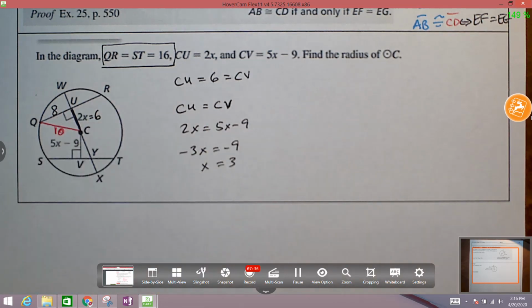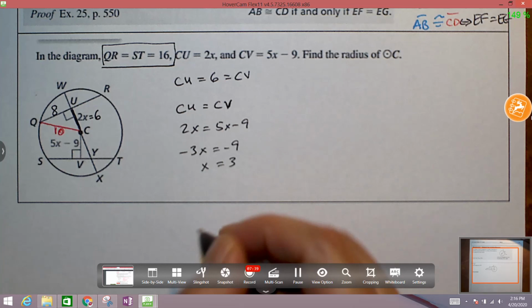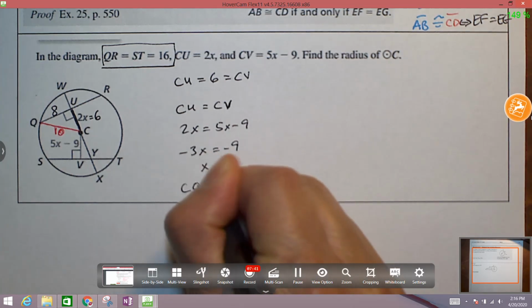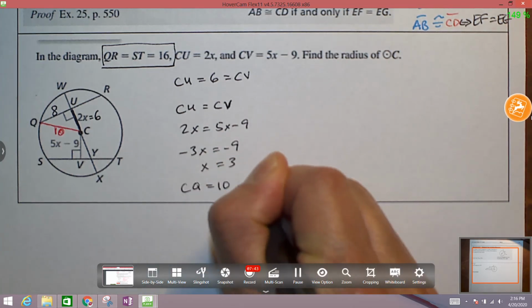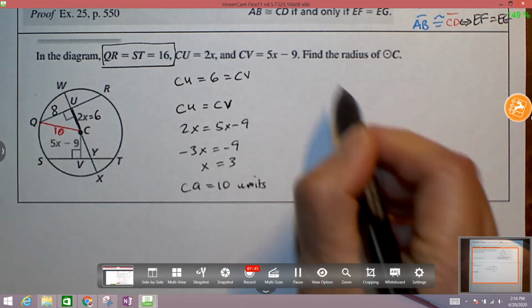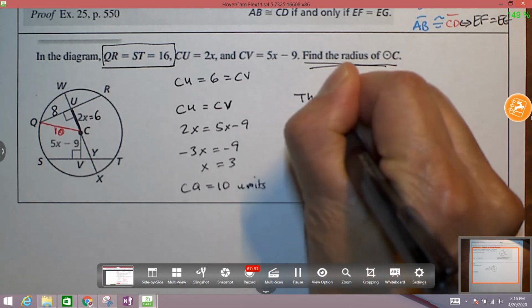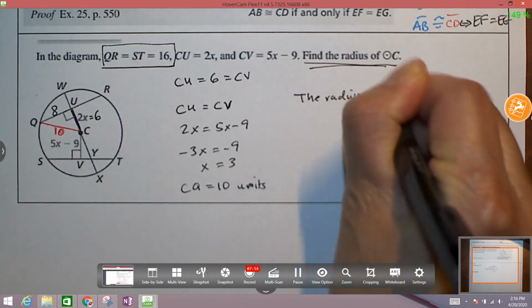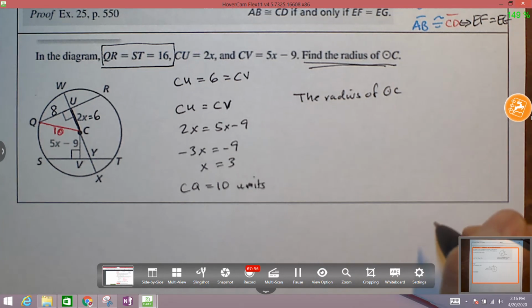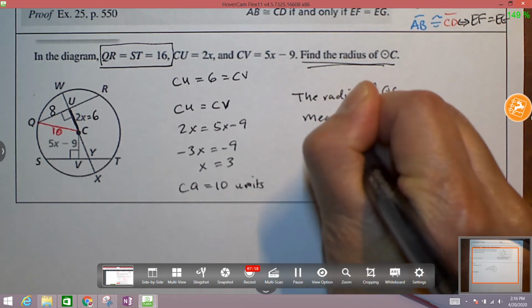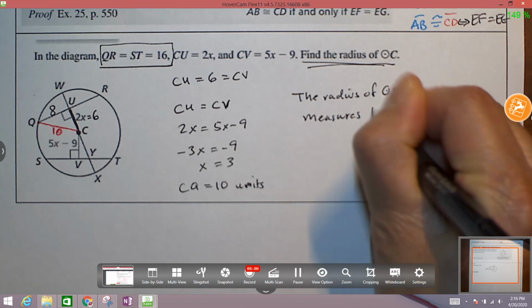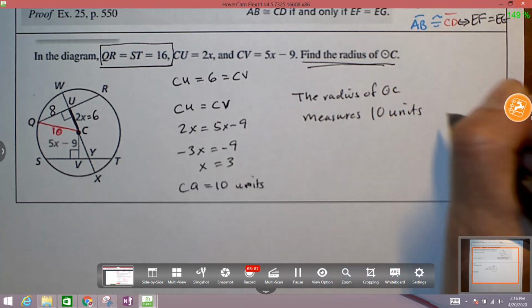So we know that CQ is equal to 10 units. So let's go back and answer the question, find the radius of circle C. The radius of circle C measures 10 units long.